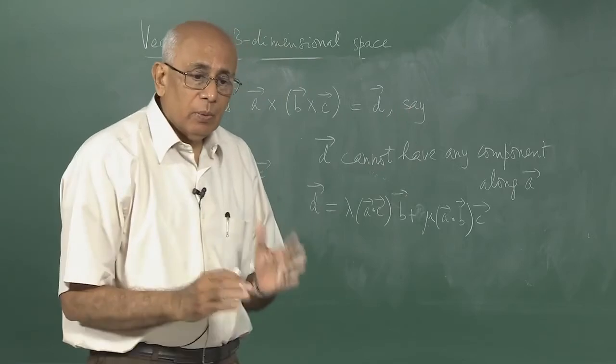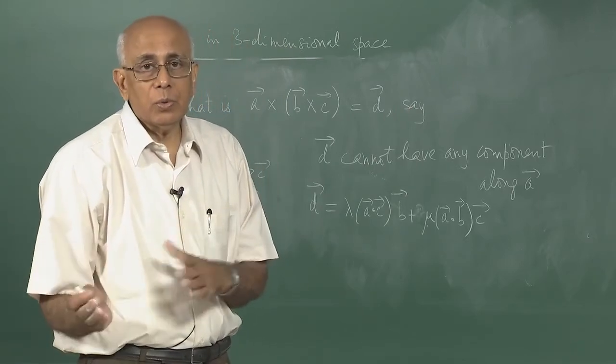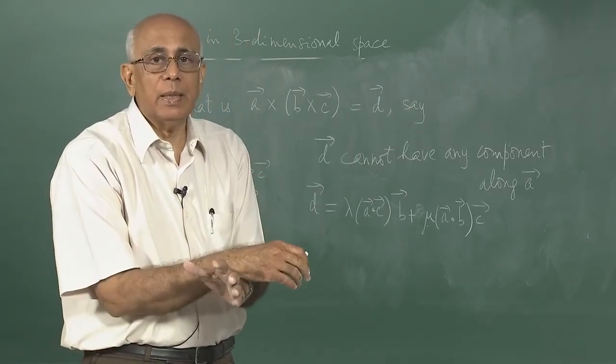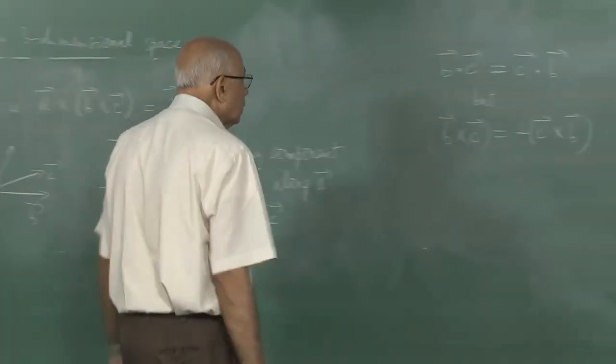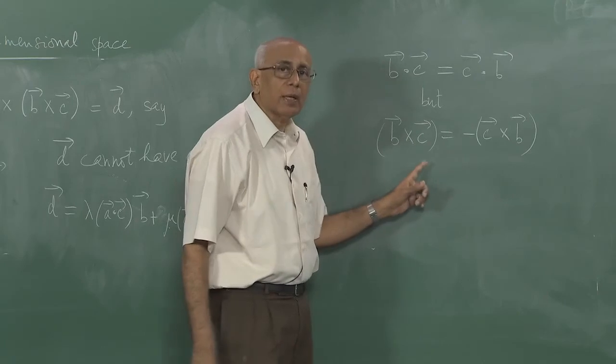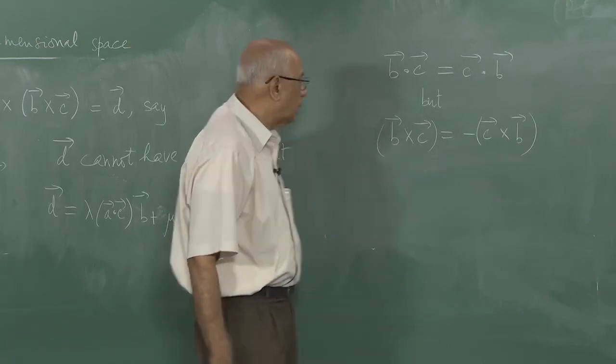We had things like B1 C2 minus B2 C1, and of course if you interchange B and C, the minus sign appears immediately in each of the components. So this is an antisymmetric product.